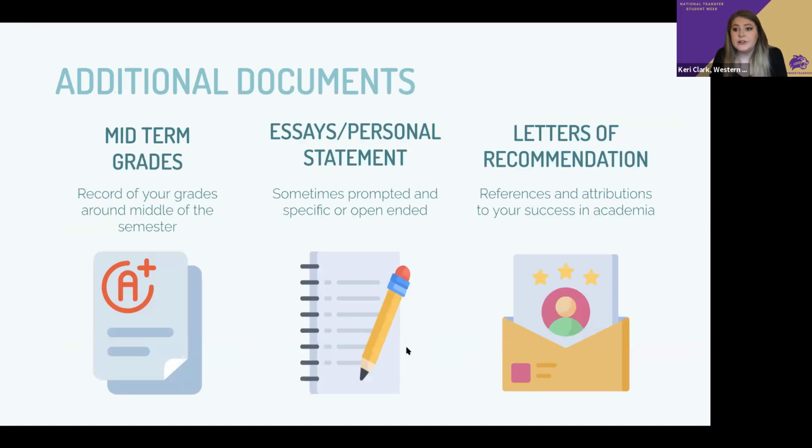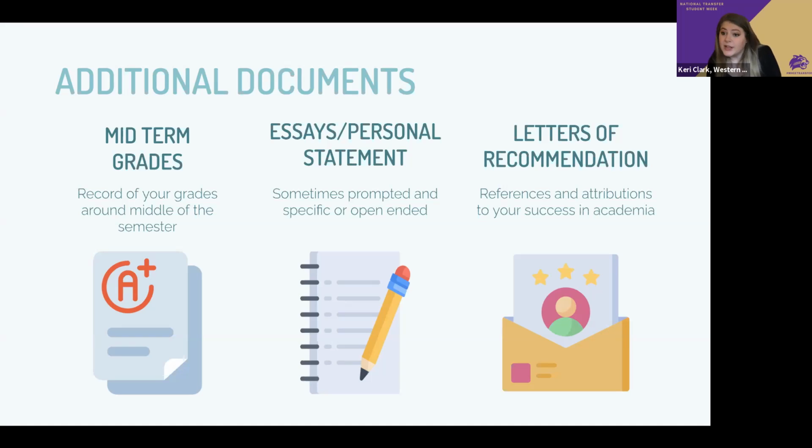And then I just wanted to include some additional documents and terms that you may hear that we require in the admission process. This is things like midterm grades. Typically we refer to this as, if it's your first semester of college, just a record of your grades around the middle of the semester. Essays and personal statements are sometimes prompted, specific, or open-ended.